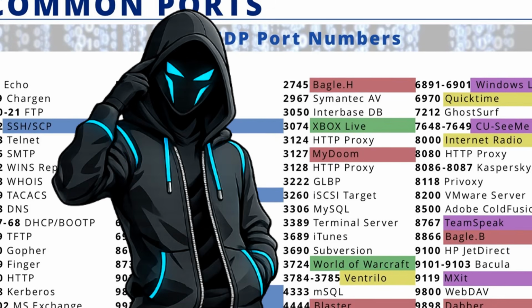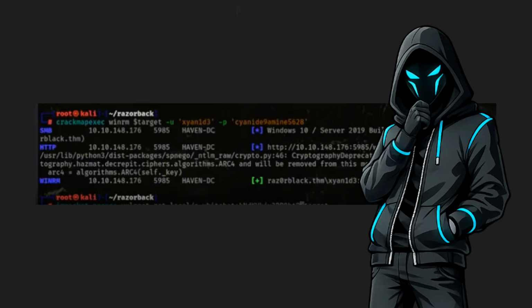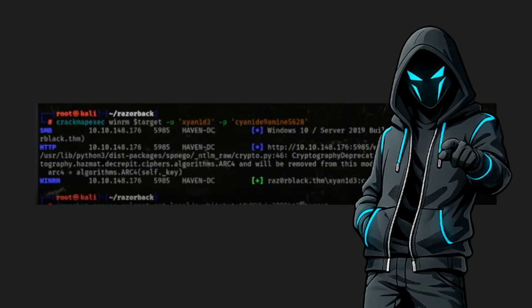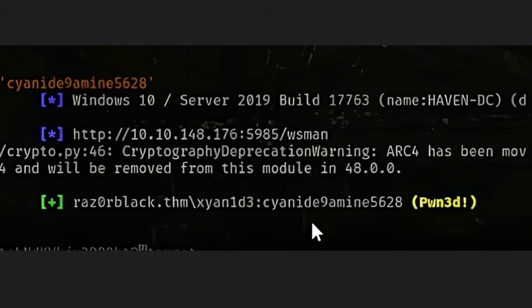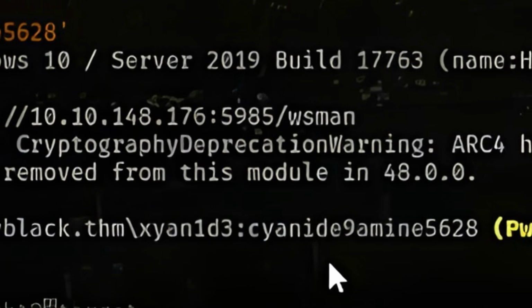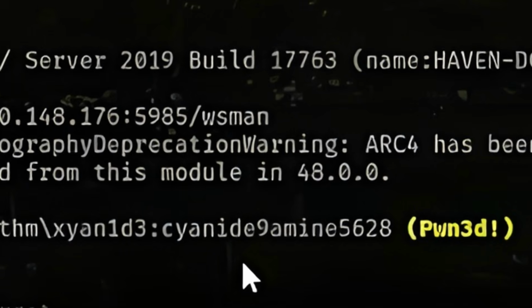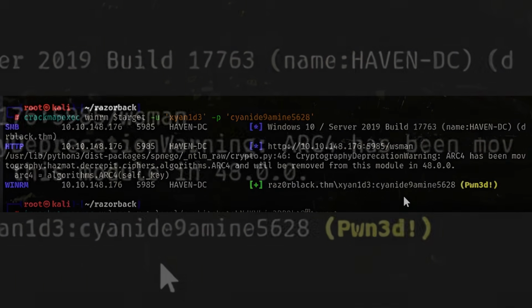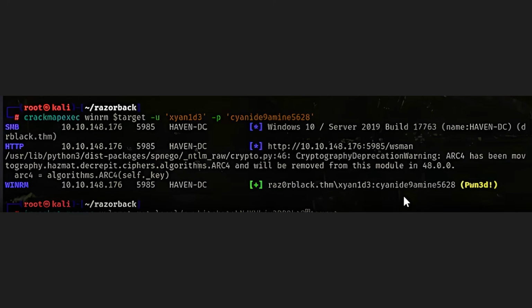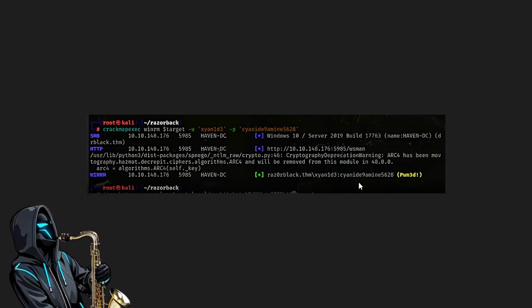Let's continue. So in this image right here, we can see that we are trying to authenticate over WinRM with the cyanide user right here, and also with the cyanide 9 amine 5628 password, right? So, can we get a shell here? And if so, what type of group are we in that would allow that?